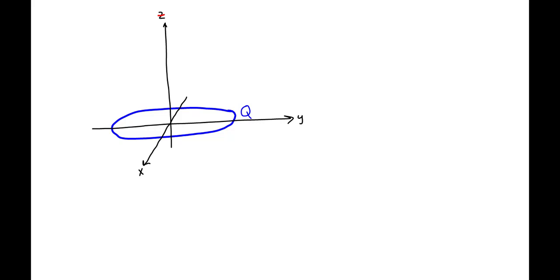The problem is asking us to find the electric field at two different points. One point is at the origin, and another point is infinitely far away. So instead of solving two problems, let's treat this as one problem. Instead of solving the special case for z equals 0 and the special case for z equals infinity, let's pick an arbitrary point on the z-axis, this point right here.